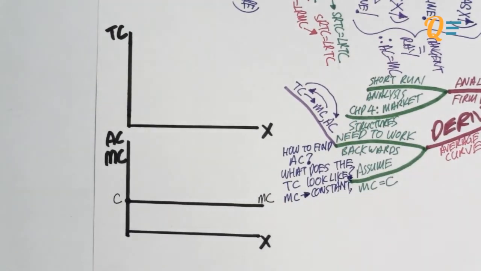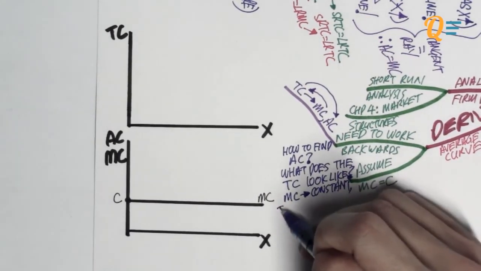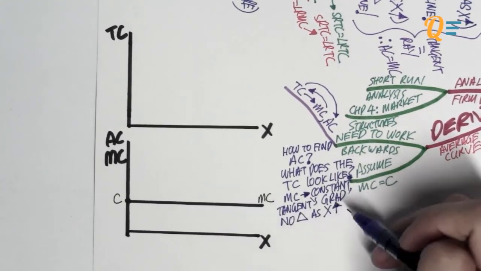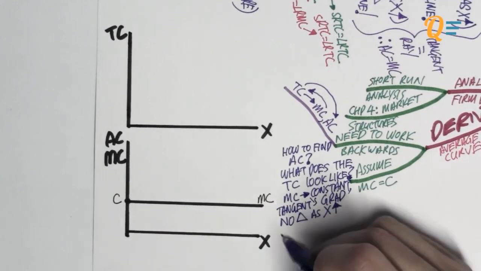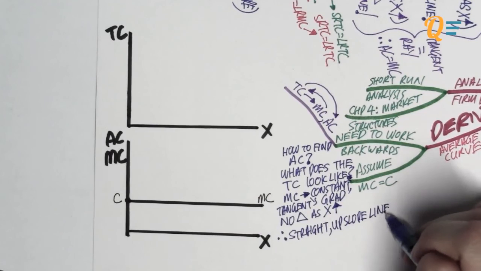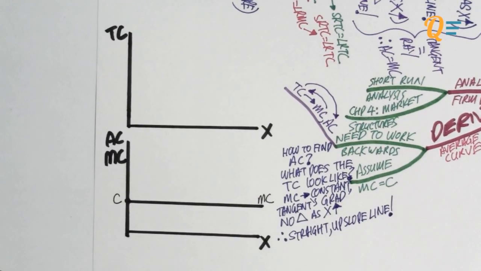So your marginal cost is going to be constant, okay? And that means that your tangent's gradient is going to be the same throughout as x increases. There'll be no change in tangent. Therefore, your total cost curve is also a straight line and it is upward sloping. It is upward sloping because of a positive marginal cost. A positive marginal cost basically means that the gradient of the total cost curve is positive.